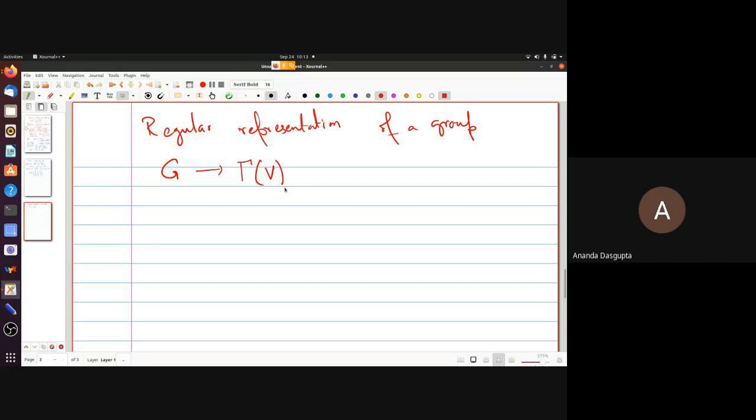However, there's one very nice thing. I can form an algebra called the group algebra out of every group. So every group has a corresponding group algebra. So what is an algebra?